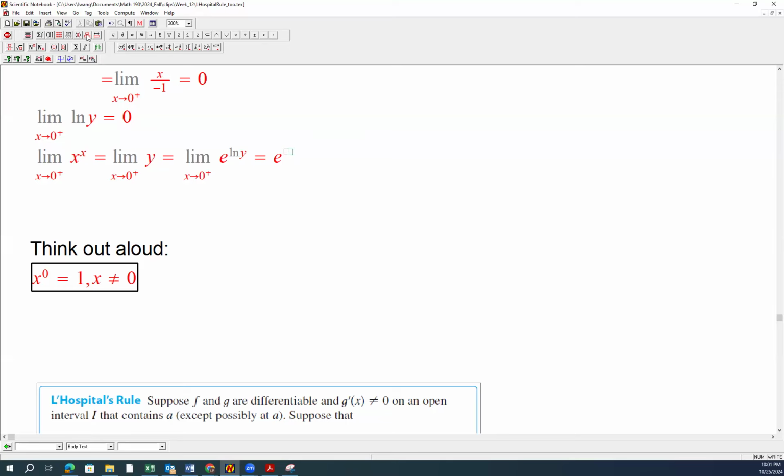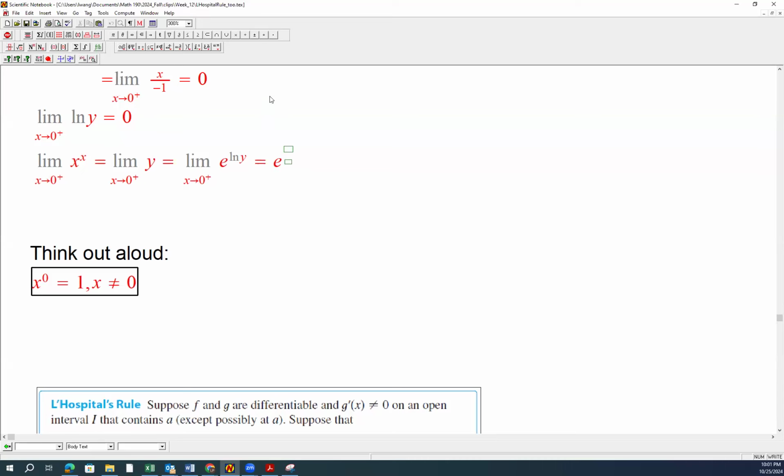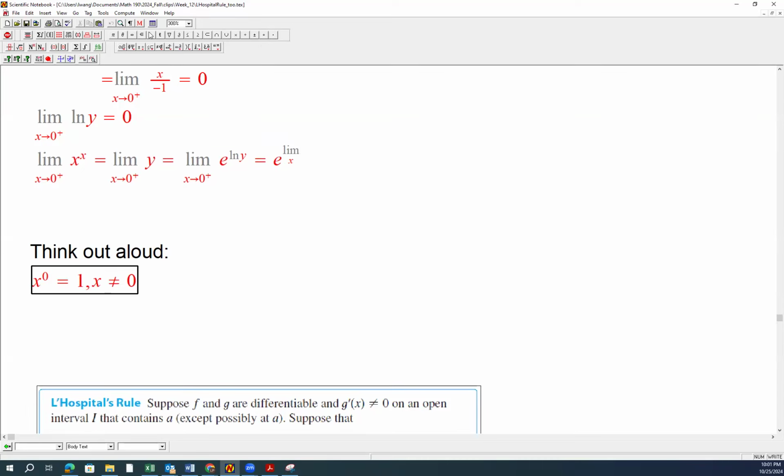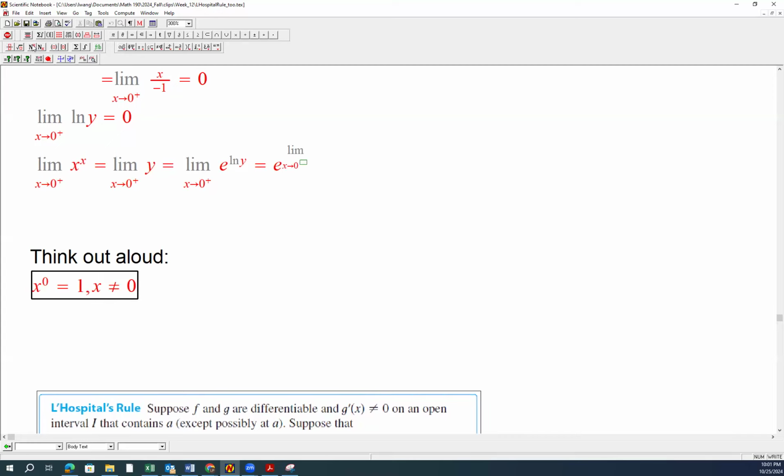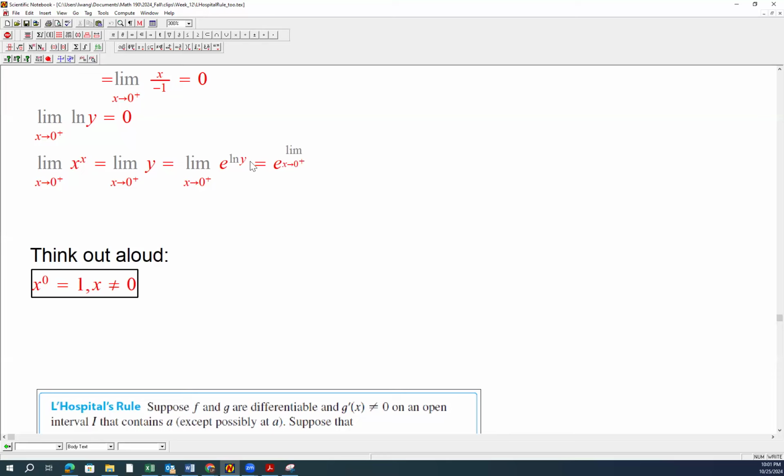It should be in the power. So e to the power of the limit of ln y. That's the best the software can do. So e to the power 0, and e to the power 0 is equal to 1.